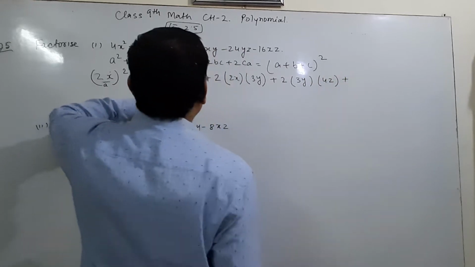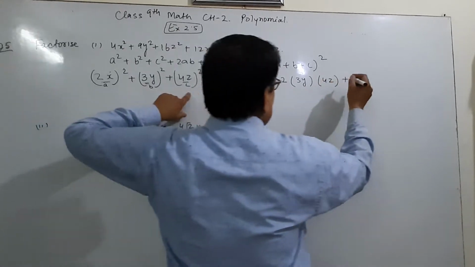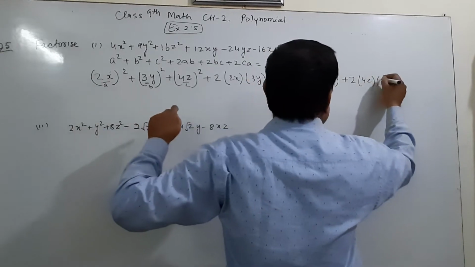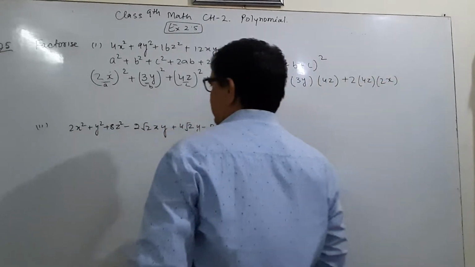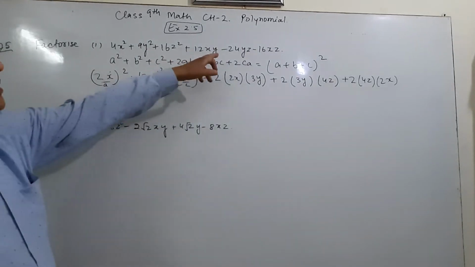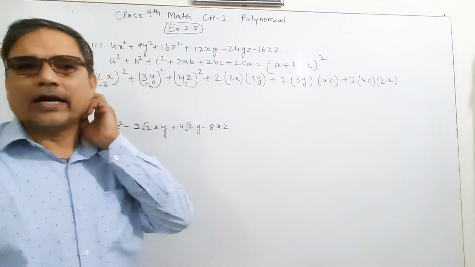Again plus, CA means C is 4z, 2, C 4z, A 2x. You will think that here is minus, here is minus. You did not write minus. Yes, I did not write minus.